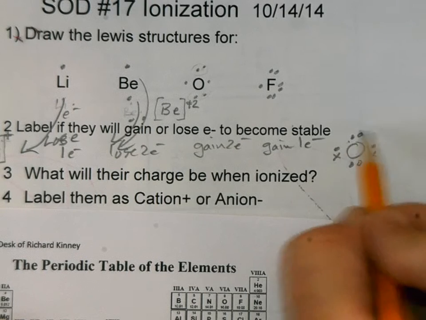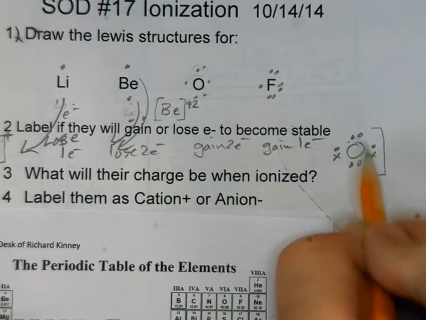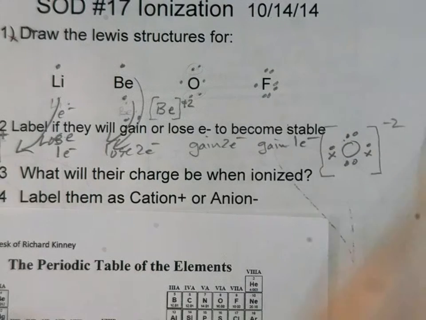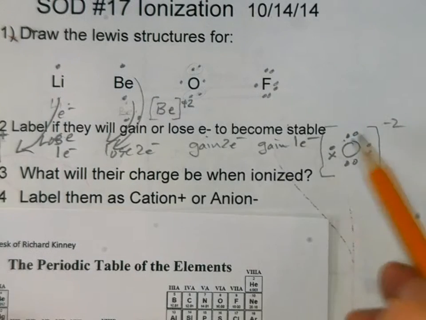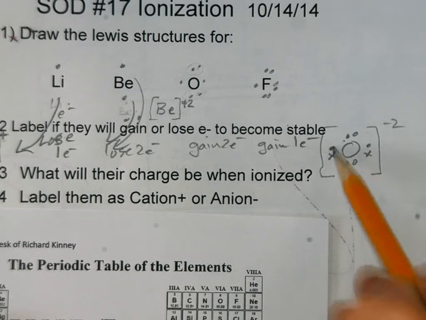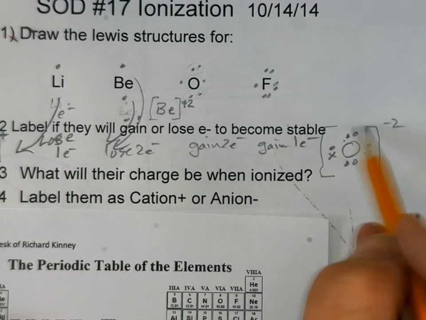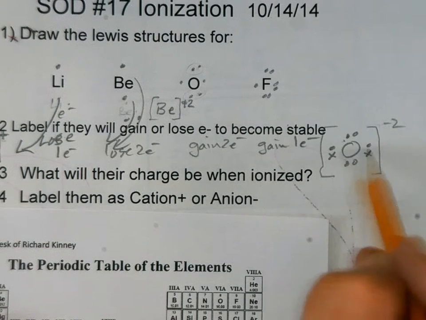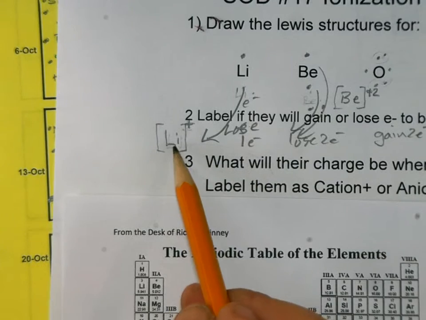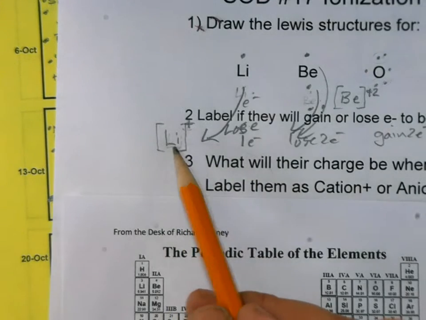So what's oxygen's charge going to be when it gains 2 negative electrons? It'll be -2. So that's how we'll tend to show on the test if we've got oxygen ion and the Lewis structure for it. Now this one makes sense. In fact, we may not even put the brackets around it necessarily because we can kind of see the Lewis structure. It's really helpful over here so we know that we've taken something away.